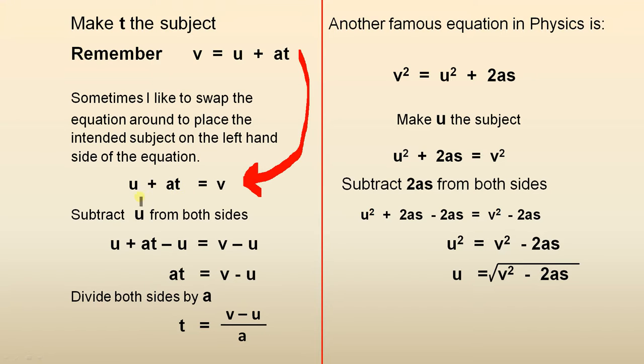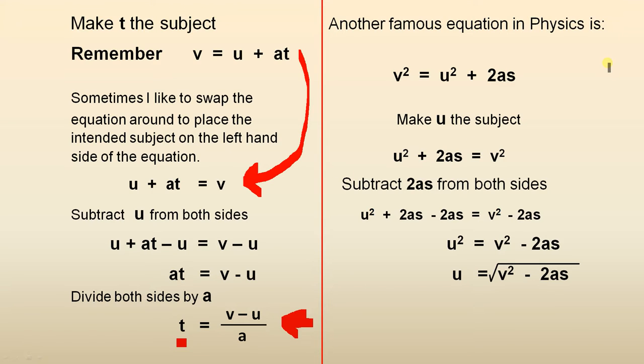So T is on the left hand side, and that's a good way to have it. So subtract U from both sides, which gives us U plus AT minus U equals V minus U. So AT equals V minus U. Divide both sides by A, and we get T equals V minus U over A. And that's the answer because T is the subject.